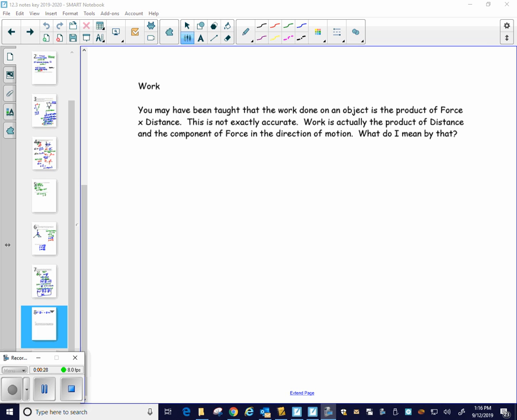So if we take, here's our little stick figure person. This stick figure person is going to push a box. Okay, and we're going to push the box along the floor. If they push the box, unless they bend over and push the box really, really low, most people are going to push the box from someplace right around there.